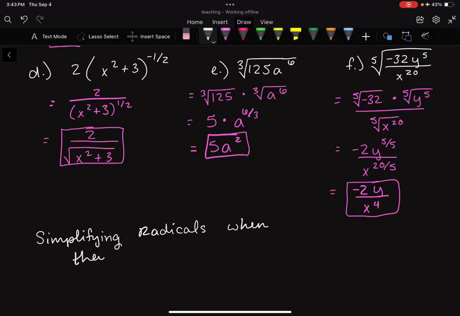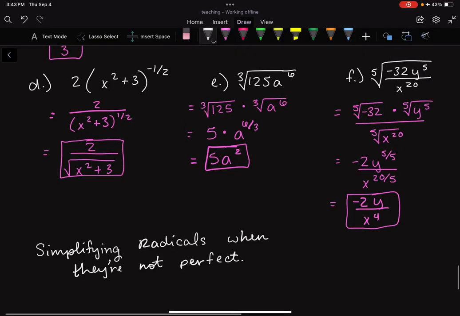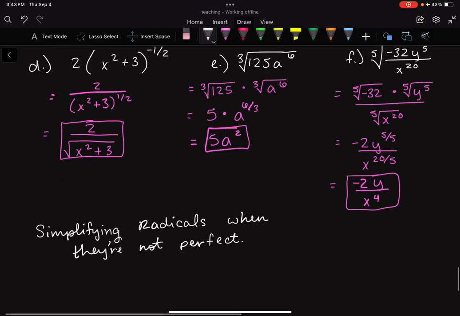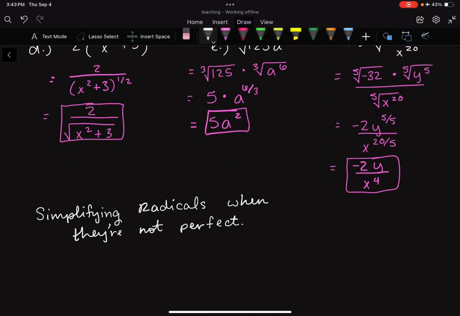That's the best way I can say it. When they're not perfect. What I mean by this is, earlier we did the cubed root of 125, and it's perfectly 5. We did the 5th root of -32, and it's perfectly -2. What about if it's ugly numbers, or they just don't reduce very nicely?